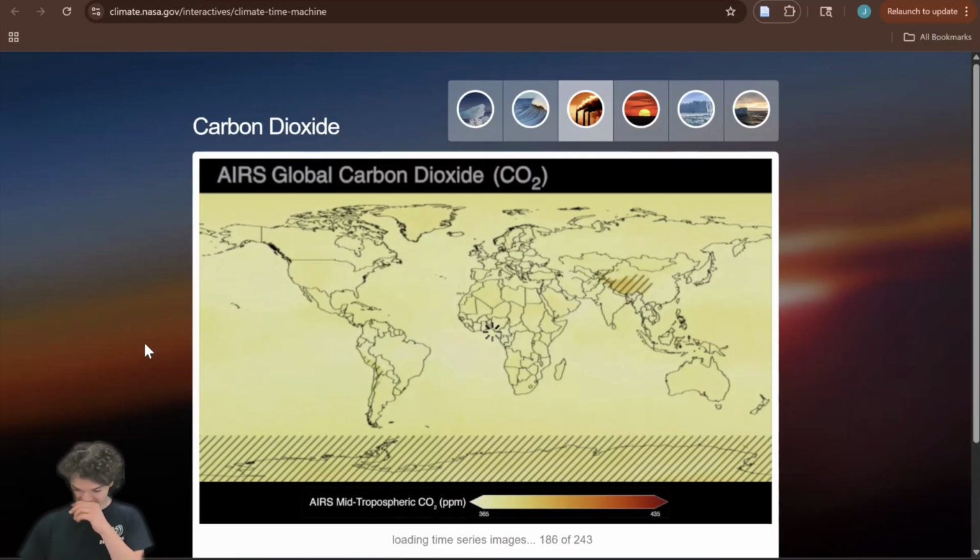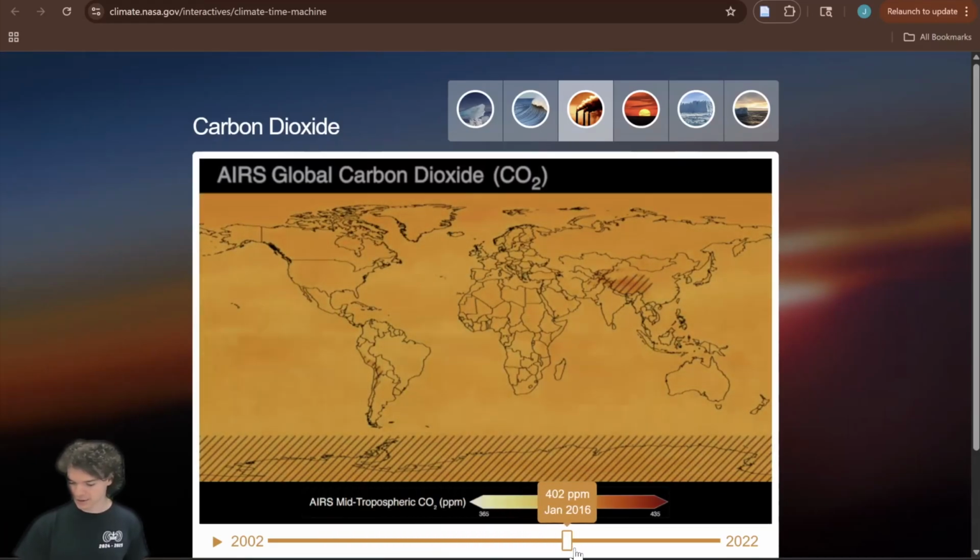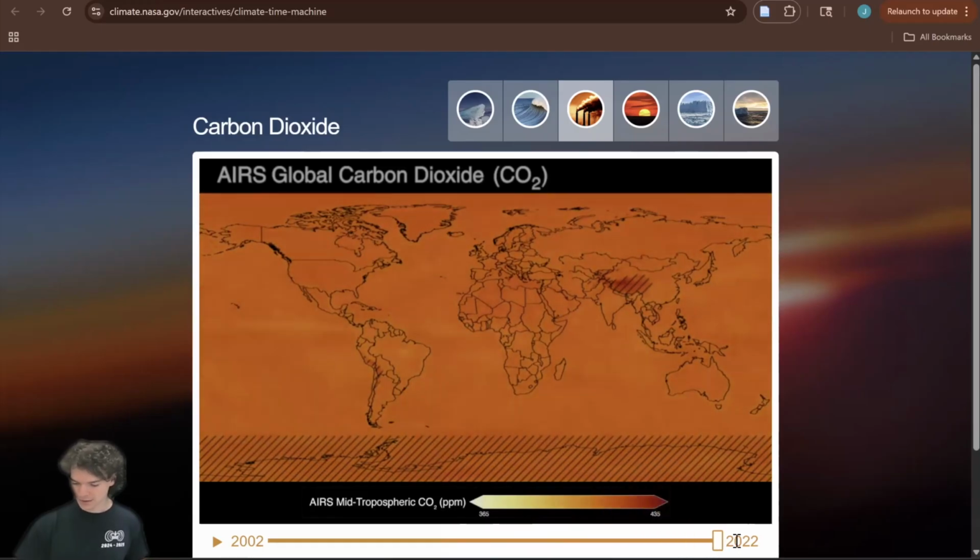I think this is a really nice informative tool about some of the different effects that are happening in climate change. So starting in 2002, we can drag and see how much carbon has been accumulating in our atmosphere. This is parts per million, it looks like. Yeah, so quite a significant change there.